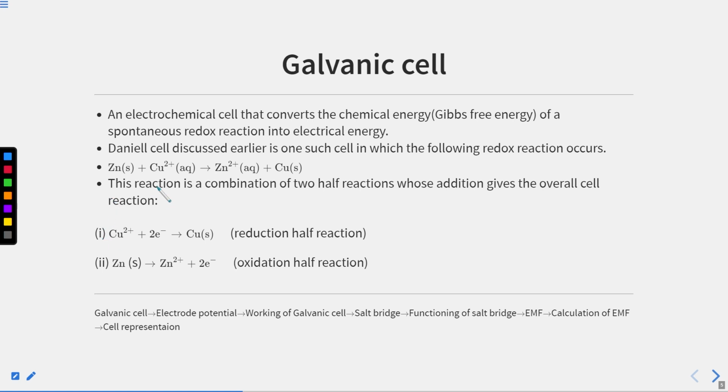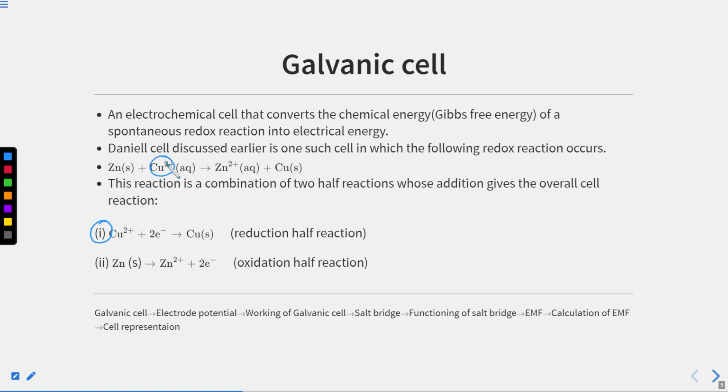If I split this reaction into two halves, I have told you earlier that electrochemical reactions are those in which we can separate the oxidation and reduction reactions into different compartments. Suppose the reduction half cell is this one. How? We have taken copper.